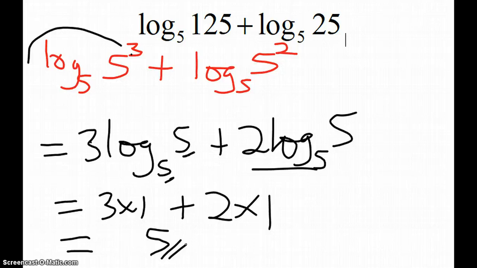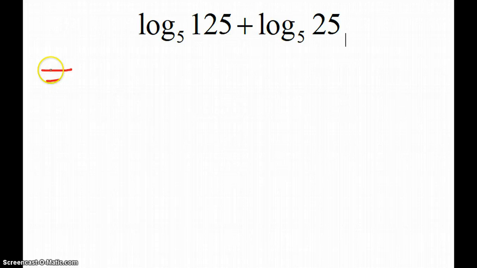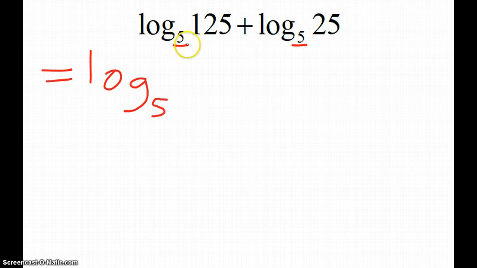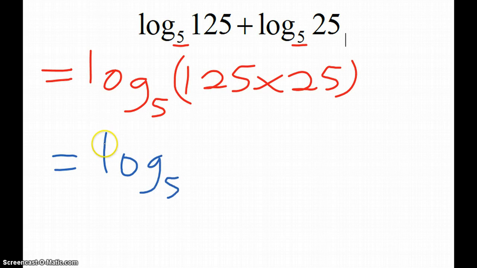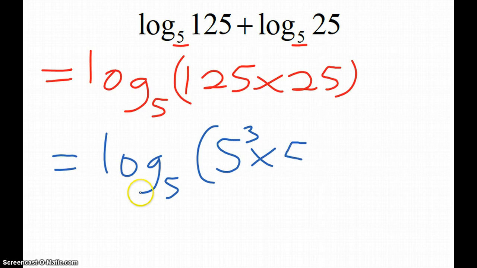Alternatively, you can apply the first law straight away by saying that since these are of the same base, you multiply and have 125 times 25. Now from here, indices tells you that this can be written as 5 exponent 3 times 5 exponent 2.